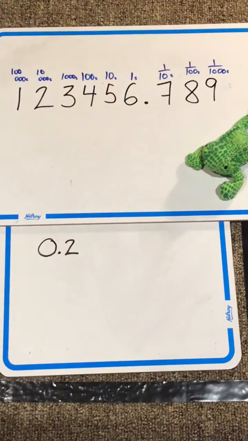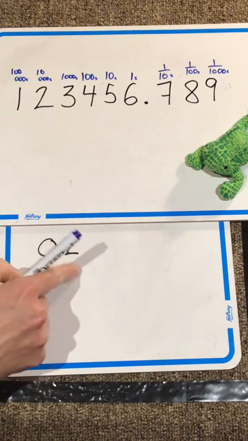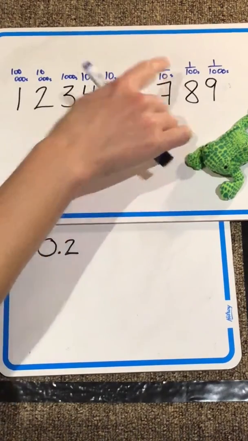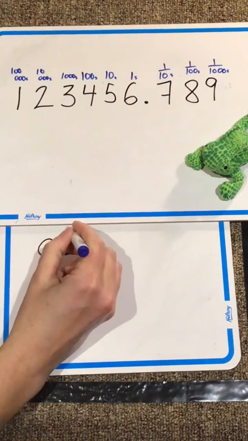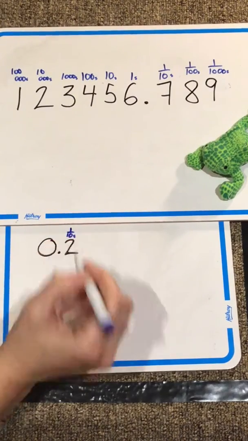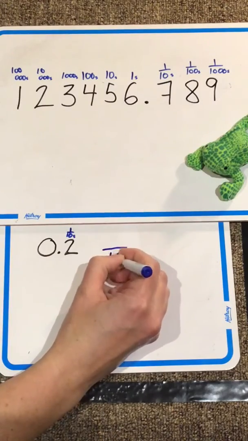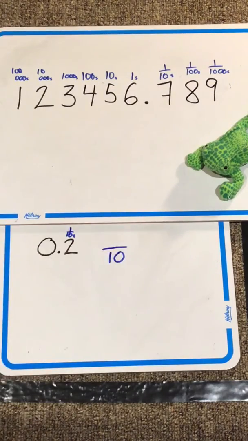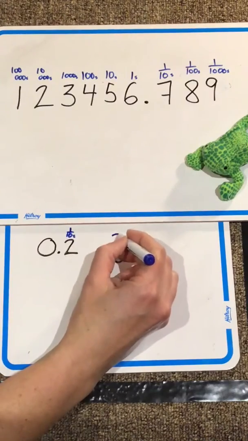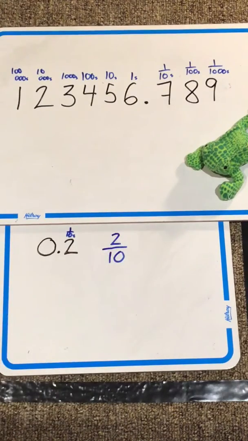So for a 0.2, the 2, one spot to the right, is in the tenths position. So I know that the bottom of the fraction, the denominator, is going to be 10, and the top of the fraction is going to be 2.